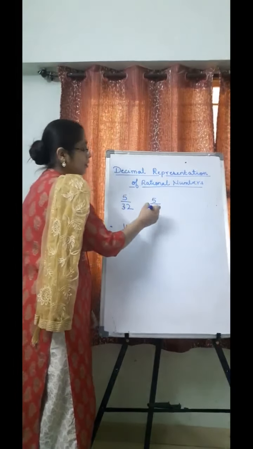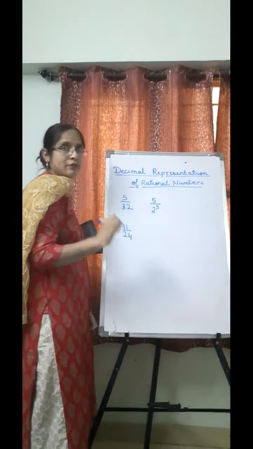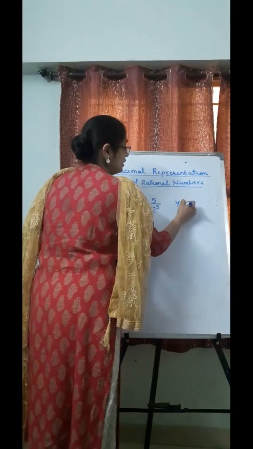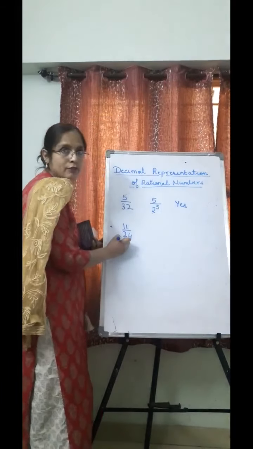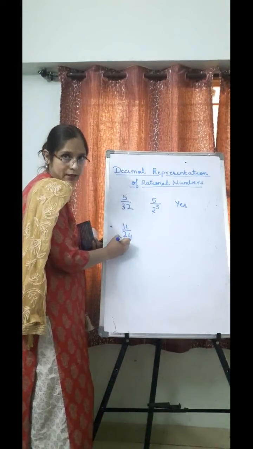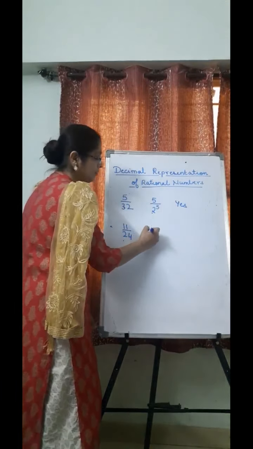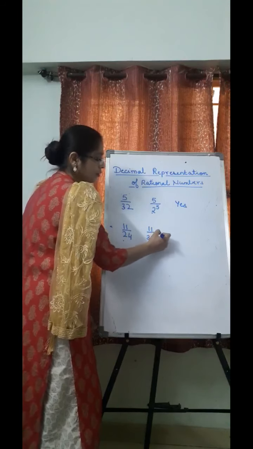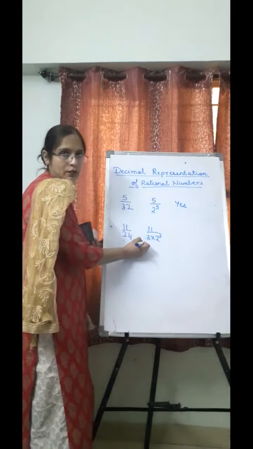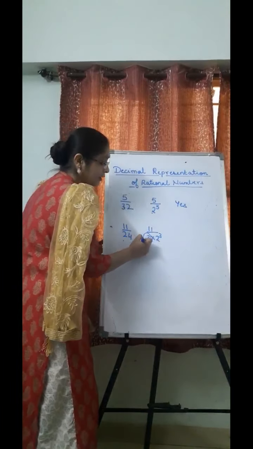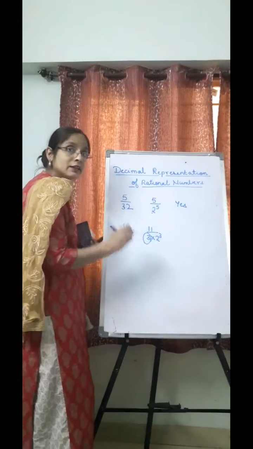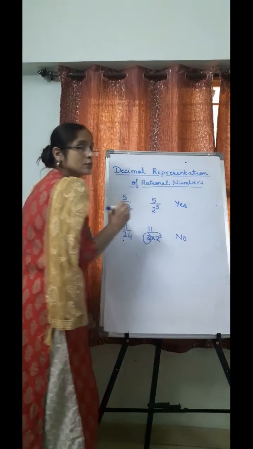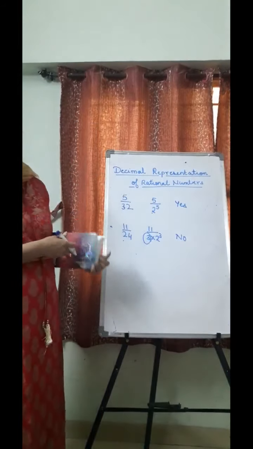Here the prime factor of Q is 2. That means it is a terminating decimal. For 24, I can write it as 3 multiplied by 8, which can also be written as 2 cubed multiplied by 3. The prime factor is also 3, other than 2 and 5, so my answer is no, it is not a terminating decimal.